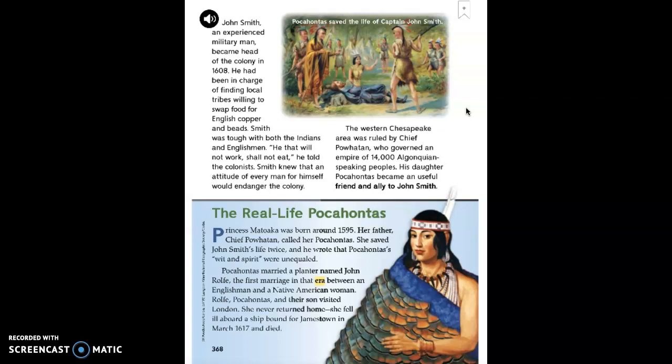Pocahontas married a planter named John Rolfe, the first marriage in that era between an Englishman and a Native American woman. Rolfe, Pocahontas, and their son visited London. She never returned home. She fell ill aboard a ship bound for Jamestown in March 1617, and died.